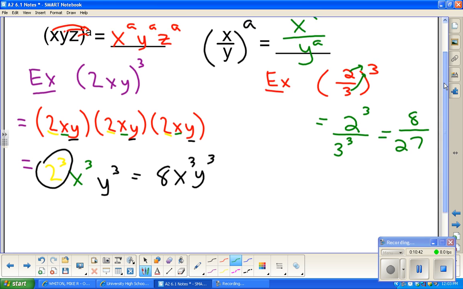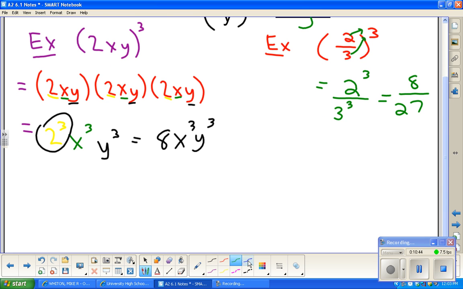Okay, so let's just do one special one. What if it's something similar to the one we did, but like this? Right, so the 2 is not getting cubed though, right?